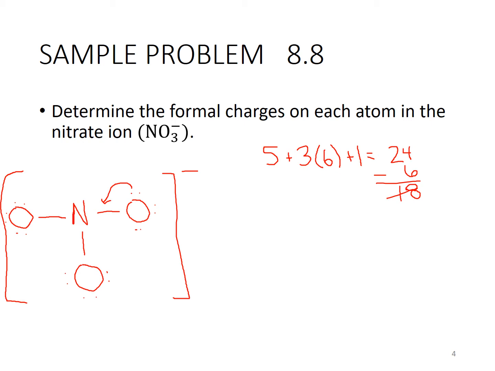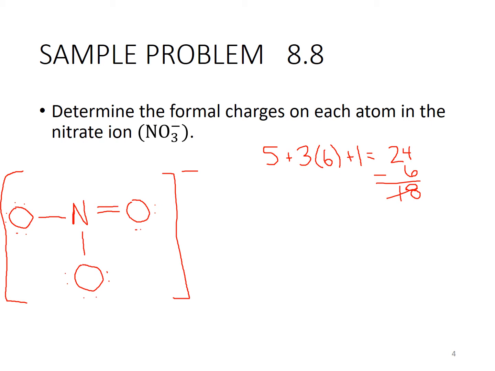Each one of those could have been completed. That will bring us to the next idea of resonance structures. But for now, I'll show one of those resonance structures at the very least. Okay, that's what this one looks like.